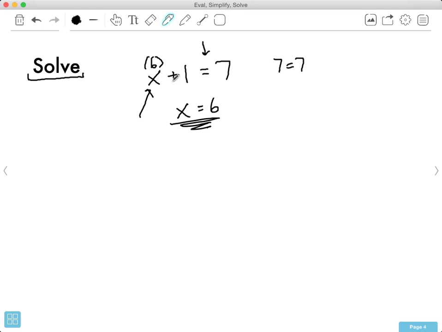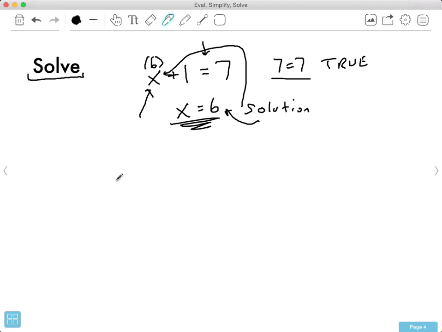So our left side would work out to be 7, our right side is 7. This is a true statement. Since it's a true statement, x equals 6 is our solution. It is the value of this variable that generates a true statement. In this case, there is no other value of the variable to make a true statement. Just 6 is the only thing that's going to work in here.